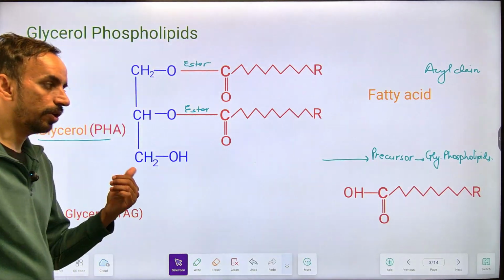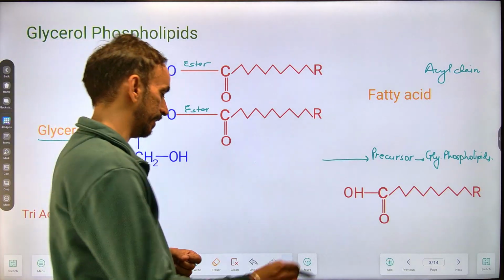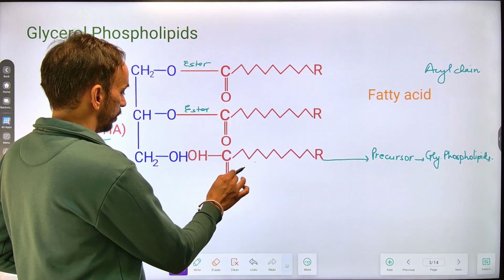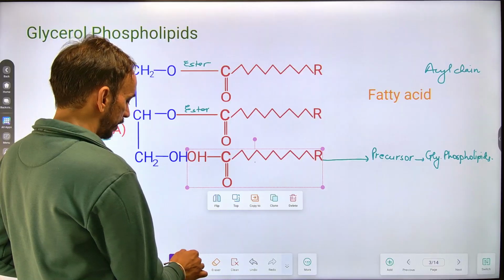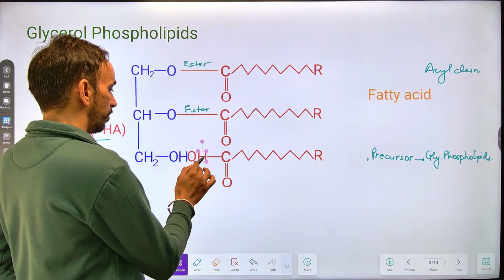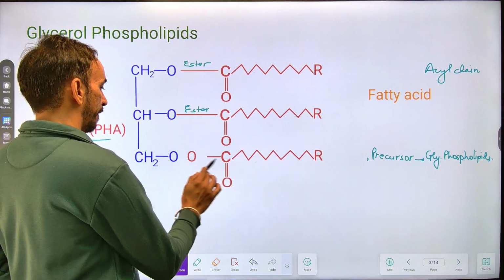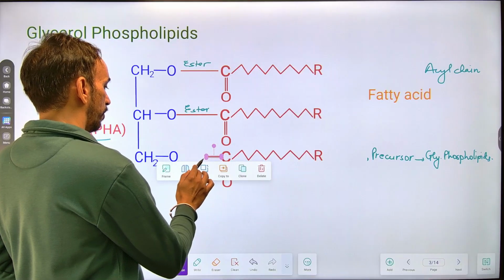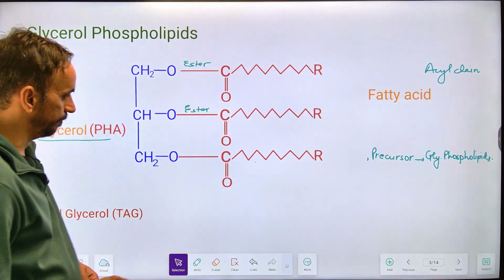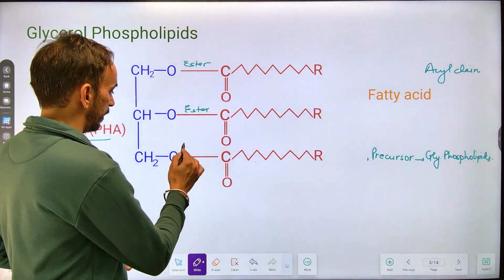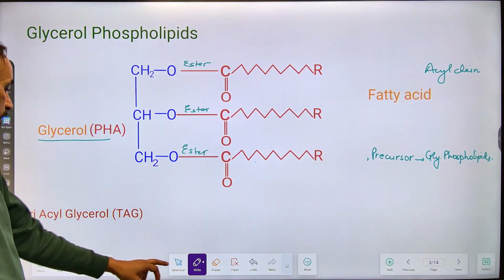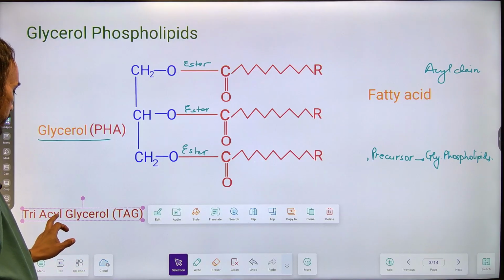If there is an addition of another fatty acid onto this glycerol, again there is a condensation reaction, and through this condensation reaction there is a removal of H2O and there is a formation of an ester bond. Then the structure is known as the triacyl glycerol.